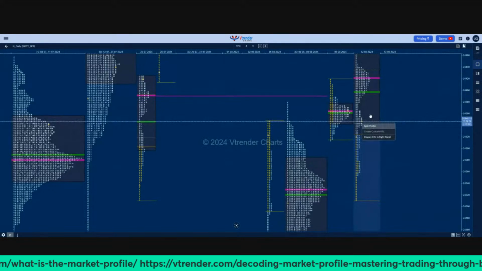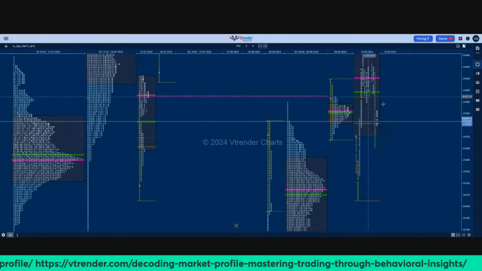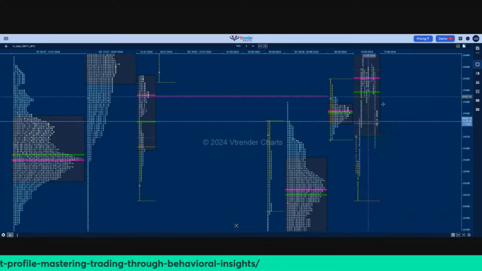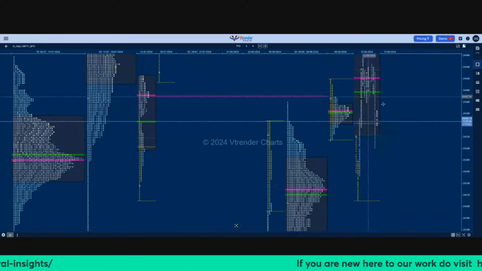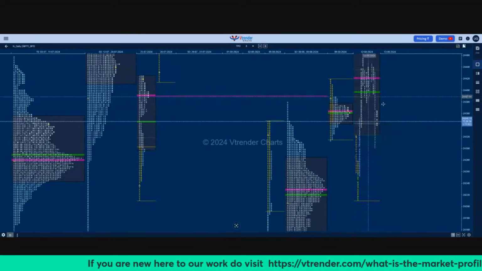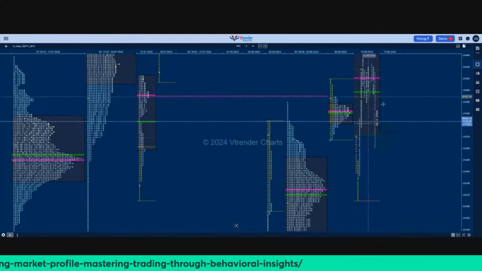But what we have done in the process is we have taken the immediate reference for tomorrow, and the close of today I think is around 24367. 24347 is today's spot close reference.